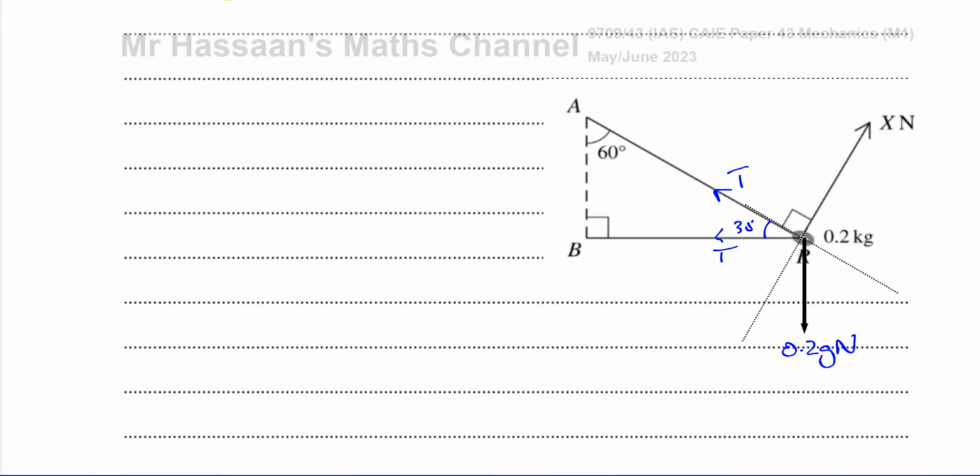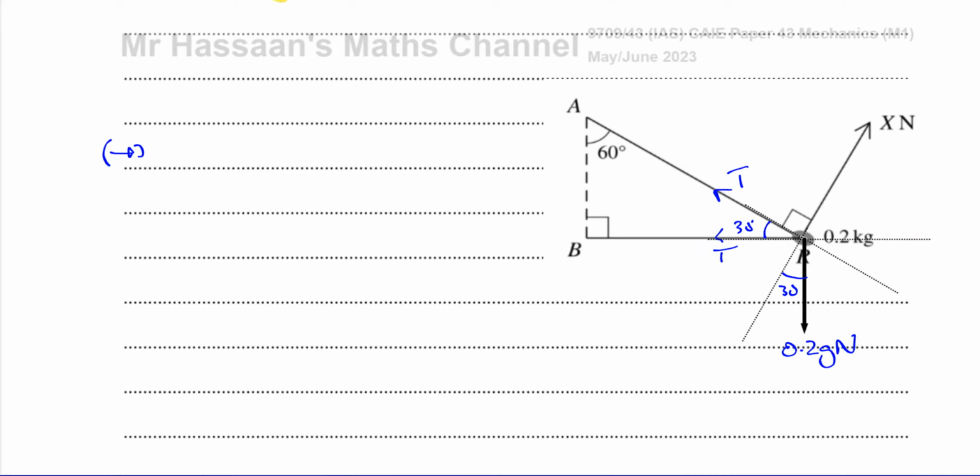Now, if we do this with the method of resolving horizontally and vertically, let's look at horizontally first. We have this angle. Let's say this angle is 30 degrees, because that's 60, that must be 30. If we resolve horizontally, we also have this line, I will continue as well.